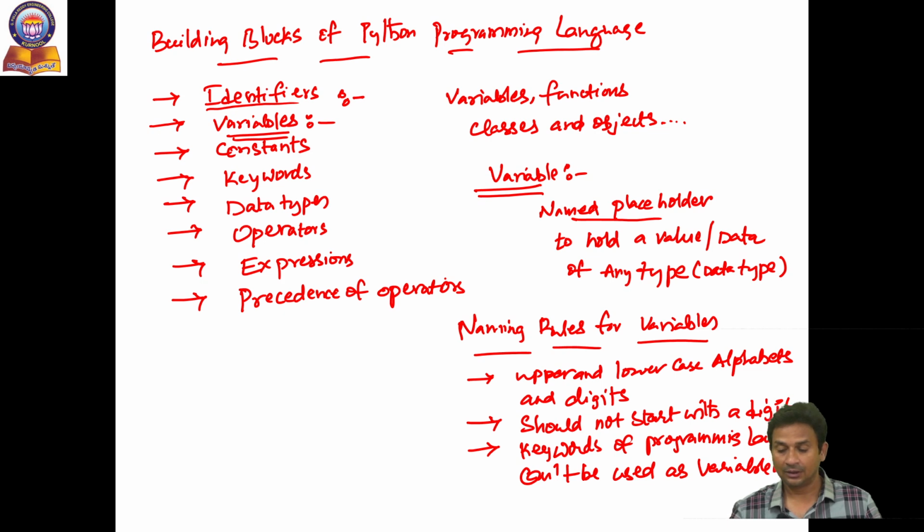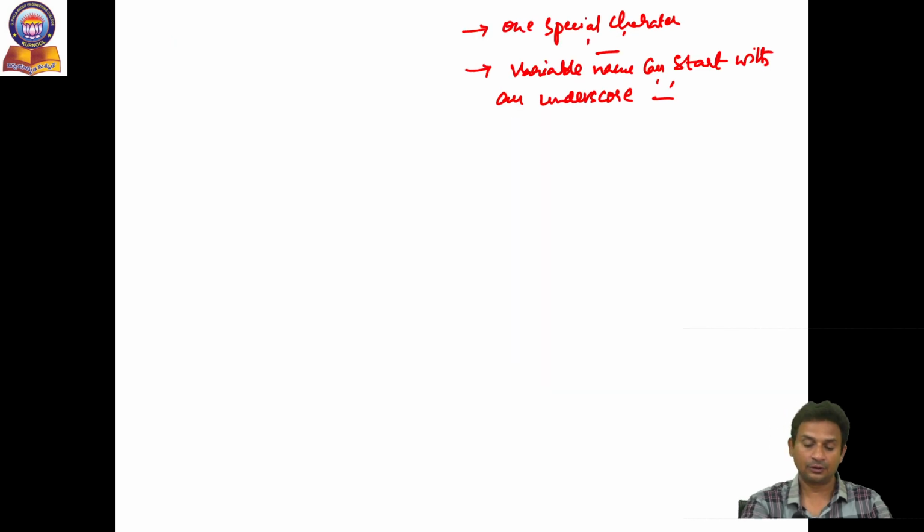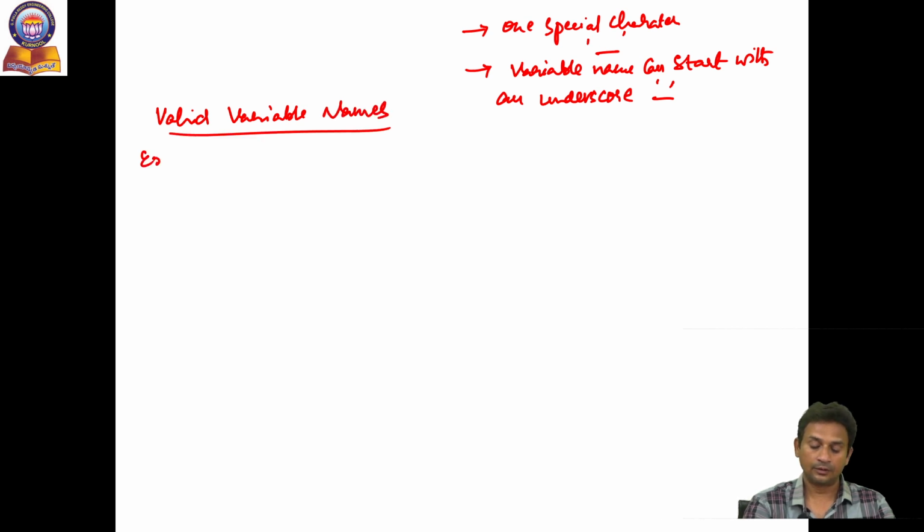Now we'll see some valid variable names in Python programming language. So valid variable names. For example, number is a valid variable name. Value is a valid variable name.